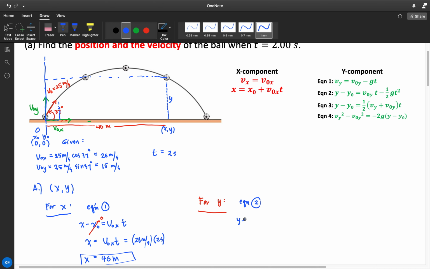So you'll have y equals y sub o plus V sub o y t minus 1 half g t squared. y sub o is equal to 0, so this will be cancelled out.